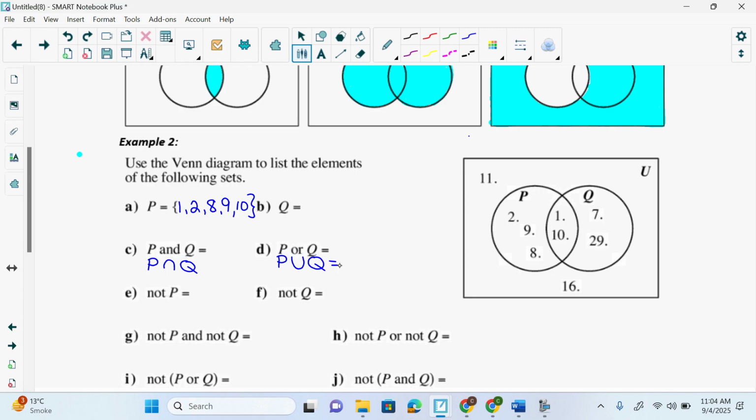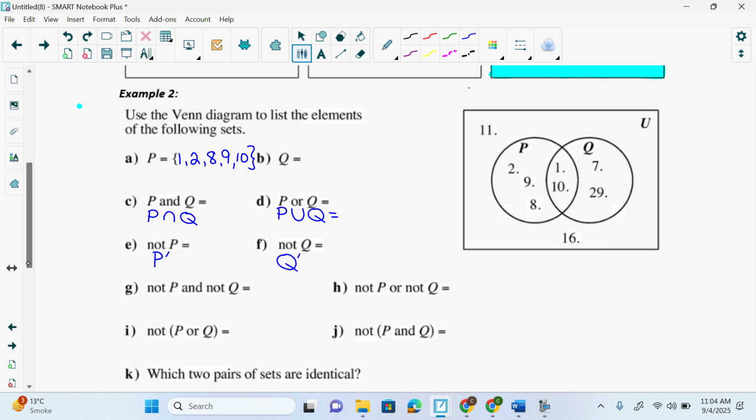P complement. Yeah? What about not Q? It would be Q complement. Not P and not Q? Not P and not Q.